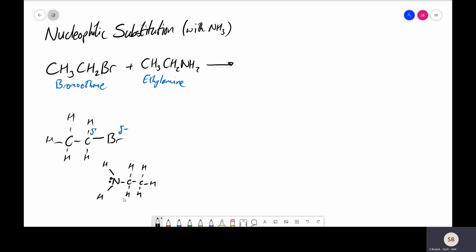So we've got something here with a lone pair that I said was based off ammonia. So if it's based off ammonia, it can do exactly the same thing that ammonia will do. It will act like a nucleophile, and that lone pair will be attracted to the delta plus carbon in the polar bond, and then the carbon bromine bond will break.